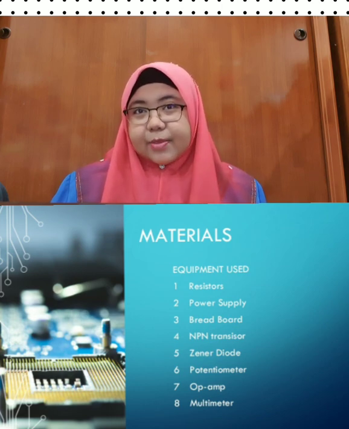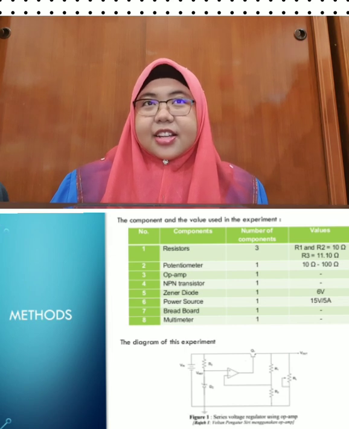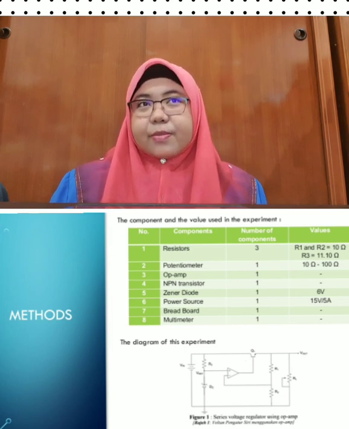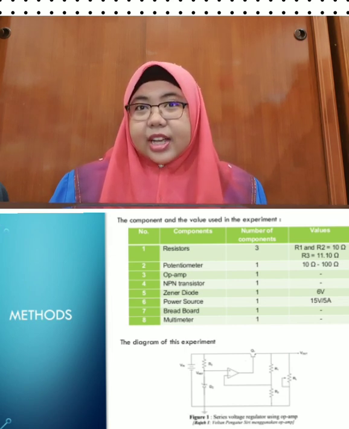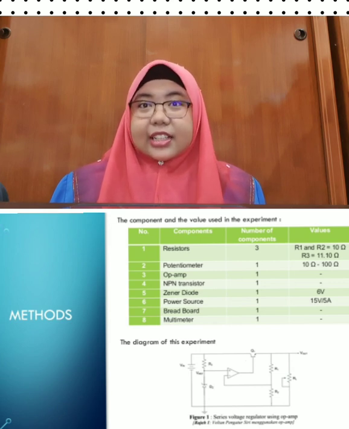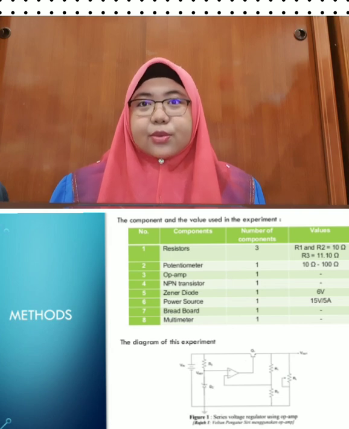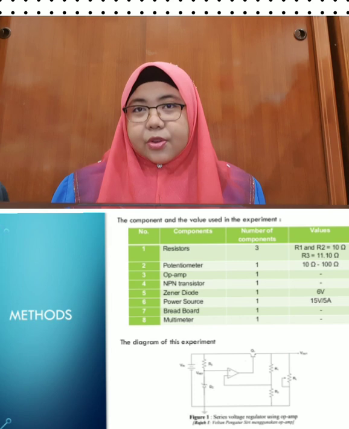op-amp, and also a multimeter. The number of components we use for the resistor is 3, and for the others we use just one each.